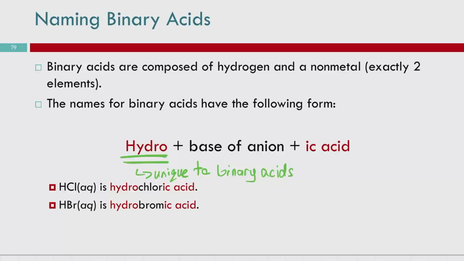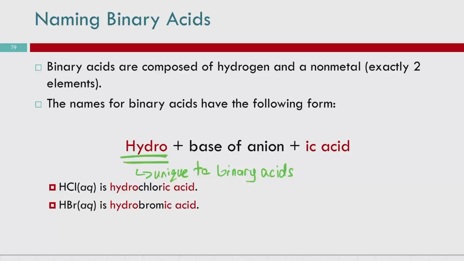This is our one big cue that we're talking about a binary acid as opposed to any other type of acid. So we'll have the hydro prefix. We'll take the base name of the anion, we'll add ic to it, and we'll add acid to the end. The acid part at the end is our dead giveaway that we're talking about an acid.